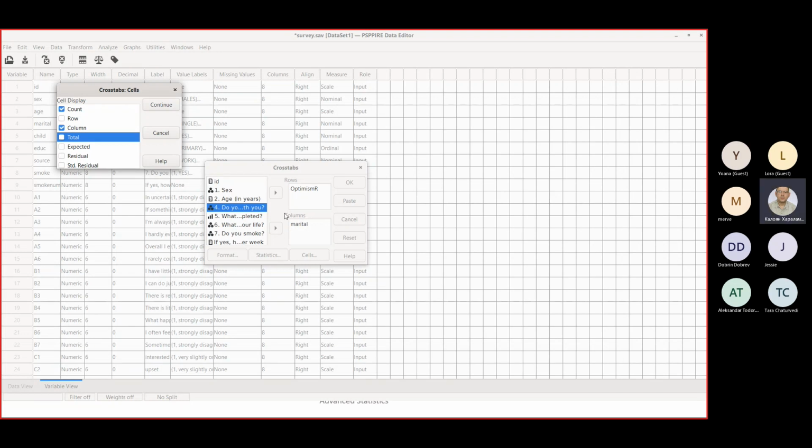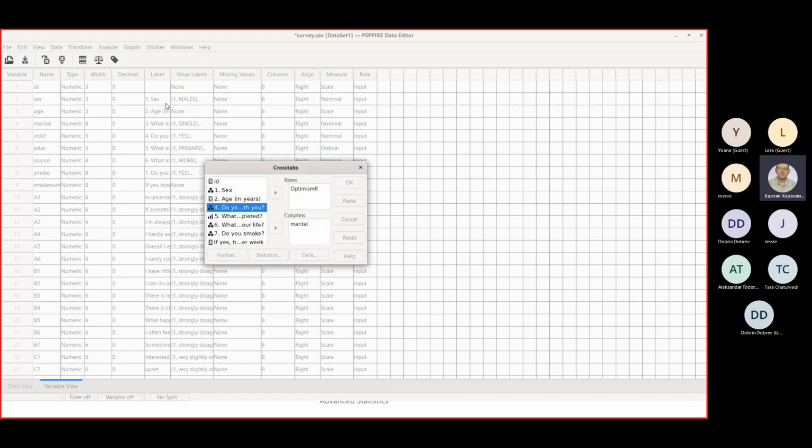Since we moved independent variable to the columns, here is better to choose column. If the independent variable is moved to rows, then here the better choice is row. So continue and then OK.